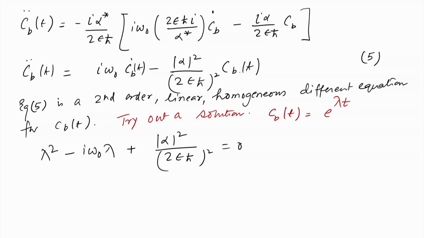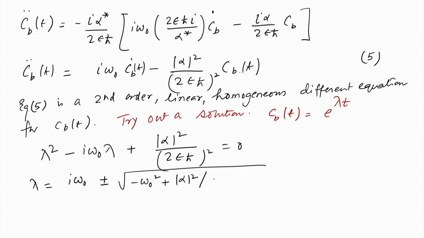Now, it is a quadratic equation for lambda, which can be solved by the usual root finding method. So, lambda is equal to minus b plus or minus root over b square plus 4ac, which is equal to i omega naught and plus or minus, and then one has this plus alpha square by epsilon h cross square divided by 2.